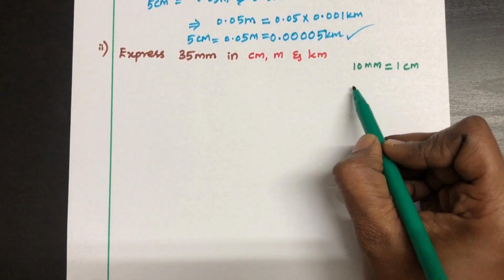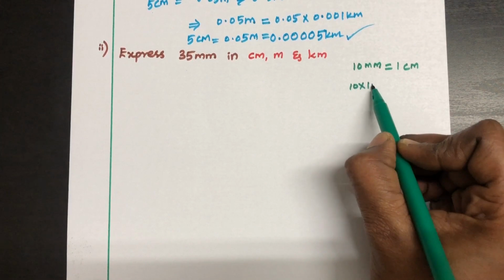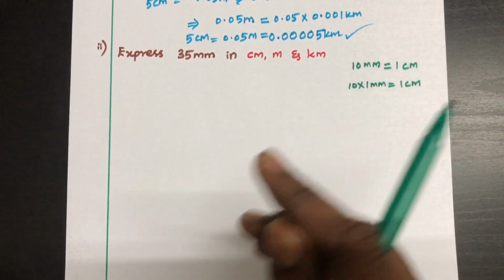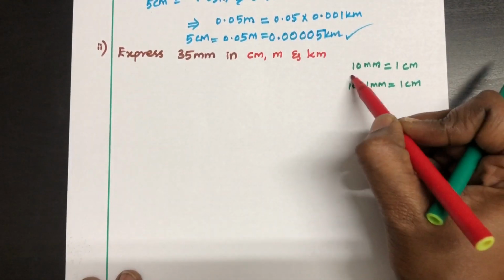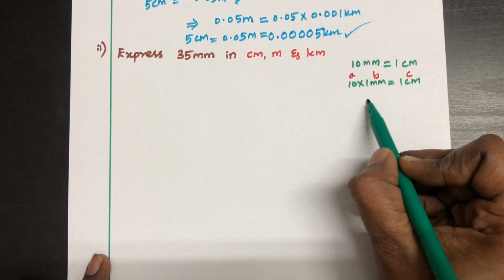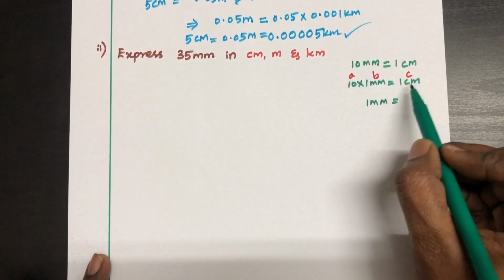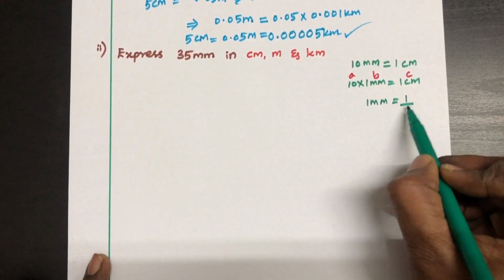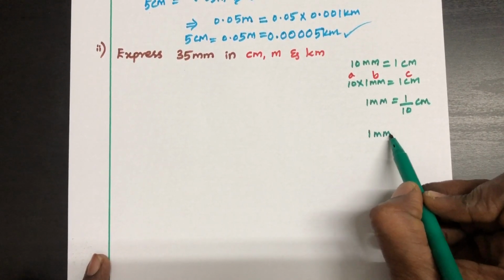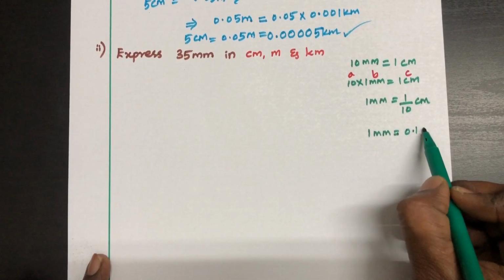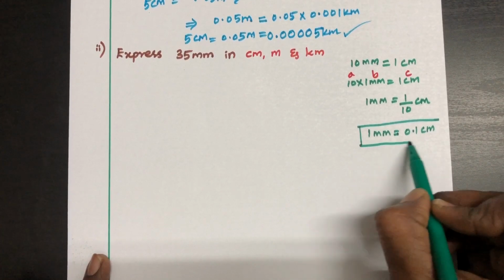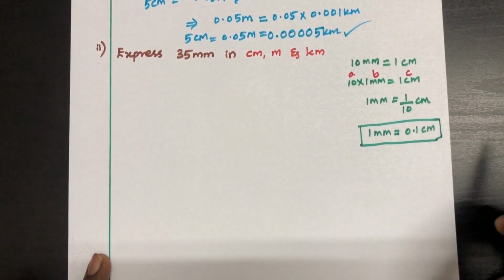So for 1 mm, how to find it? 10 into 1 mm is equal to 1 centimeter. So this is A, B and C. We want 1 mm, which is equal to C by A. So 1 divided by 10 centimeter. So 1 mm is equal to 0.1 centimeter. This is the millimeter conversion into centimeter.